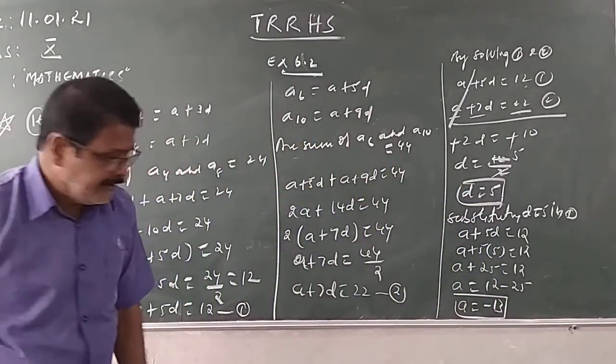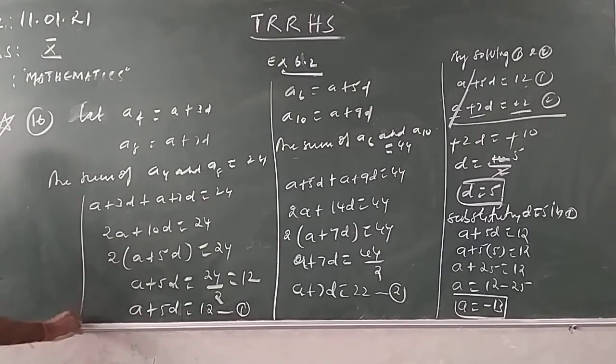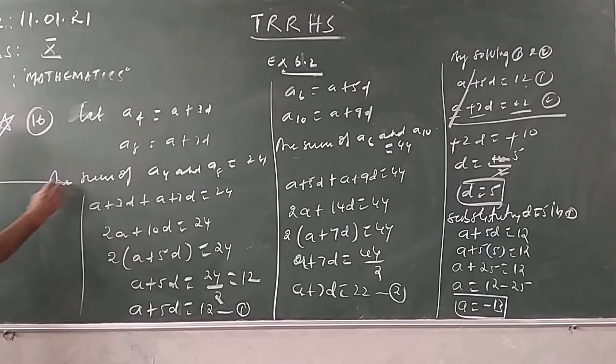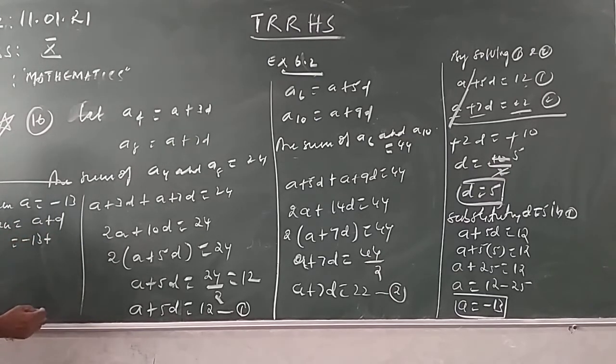So a is equal to minus 13 and d is equal to 5. Find the first three terms of the AP. The first term a is minus 13. The second term is a plus d, minus 13 plus 5, which is minus 8.